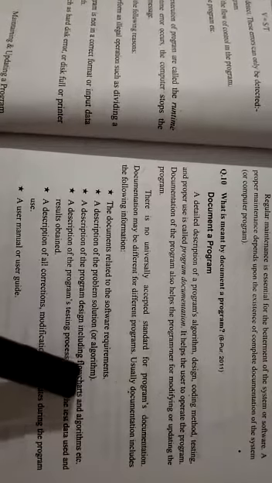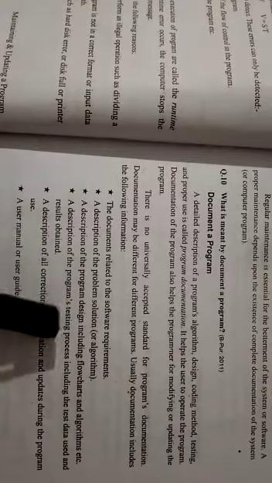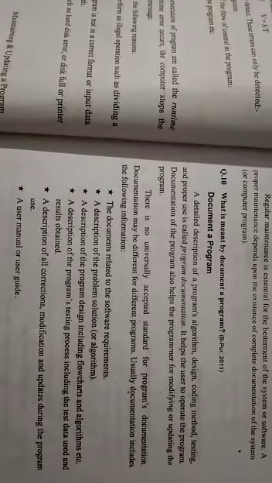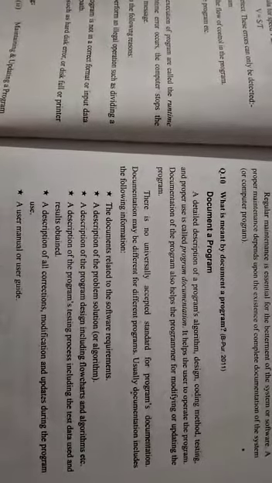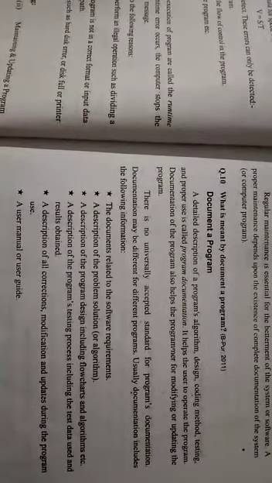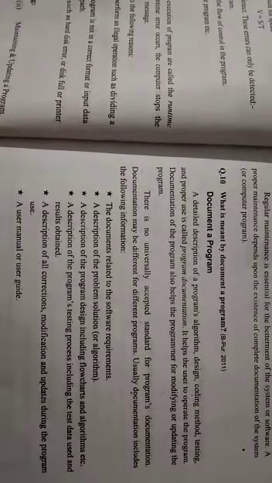An algorithm must be drawn for solving any type of problem. A description of the program design including flowcharts and algorithm means the detail of the design. You check that the flowchart and algorithm are drawn correctly or not.